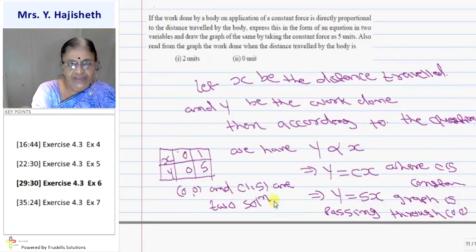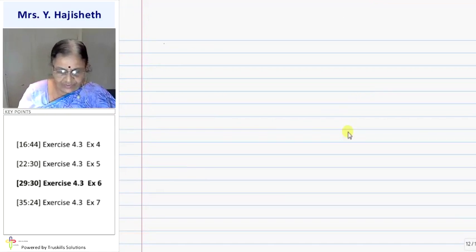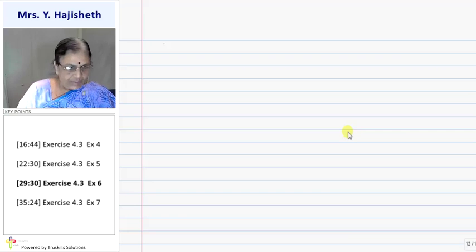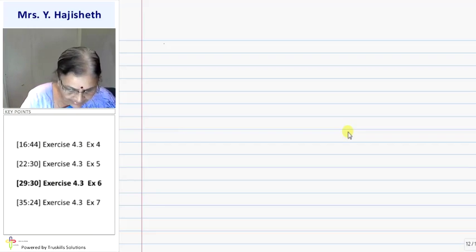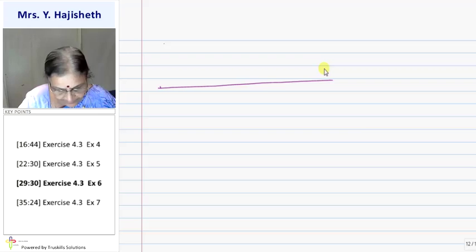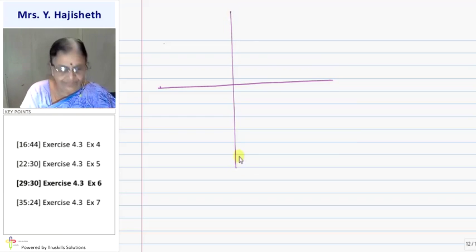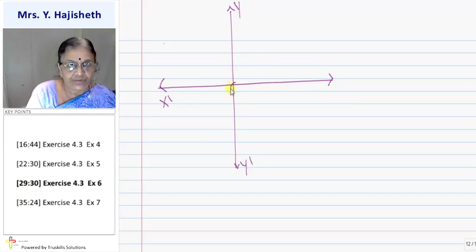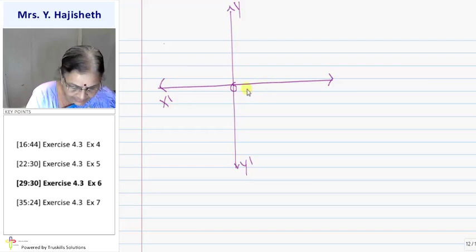Now I construct the graph. How to construct a graph? First I will take the x-axis and y-axis. This is the x-axis and this is the y-axis, where they meet is the origin. Now I take the scale, 1 is 1 centimeter, and I write 1 2 3 4 5.